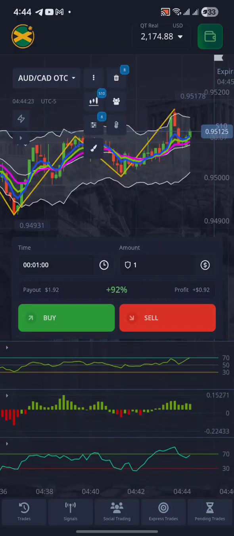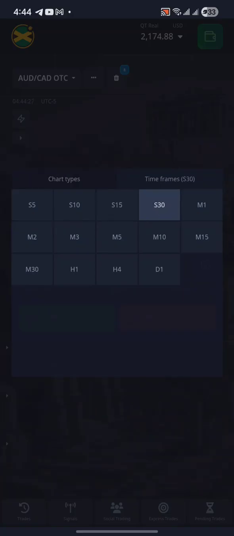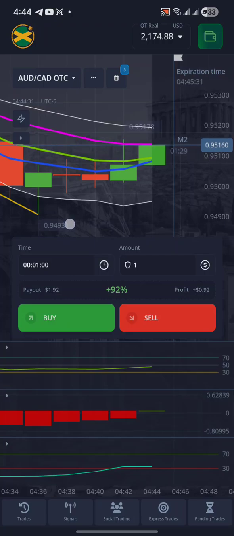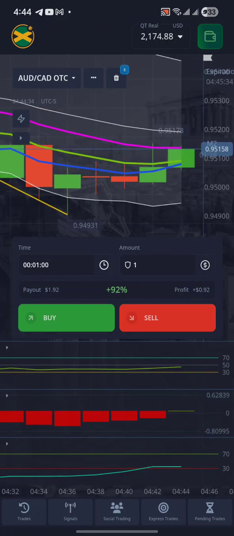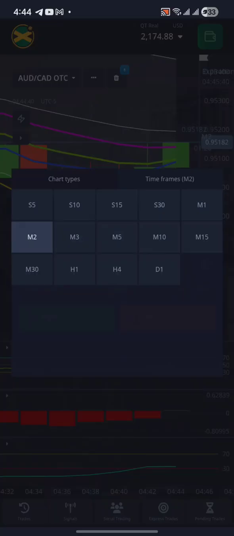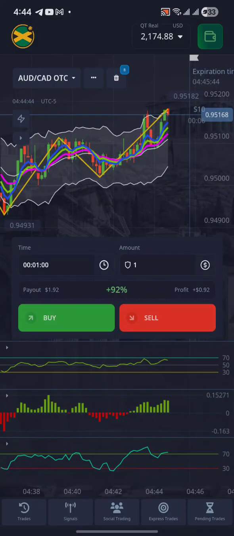Another thing we can do is look on the 15 seconds. Let's see. Or go on 30 seconds. 1 minute. So these are the 2 minute. On the 2 minute I get the uptick. So that will work for now. So we just wait for a strong up signal to form the uptick.